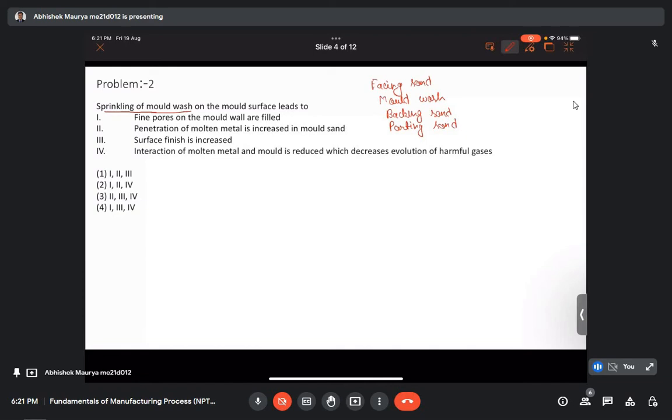All of them have very different functions, but here the question is asking about the mold wash.